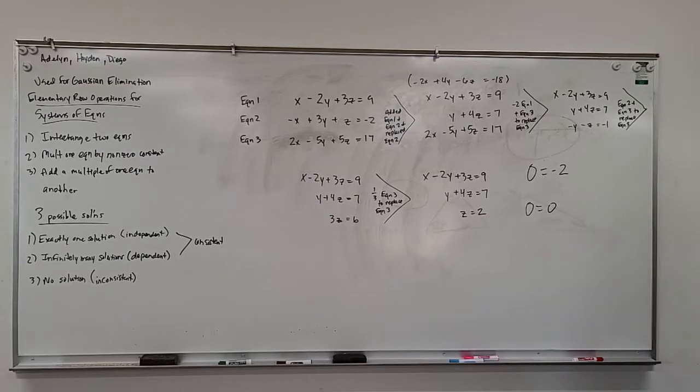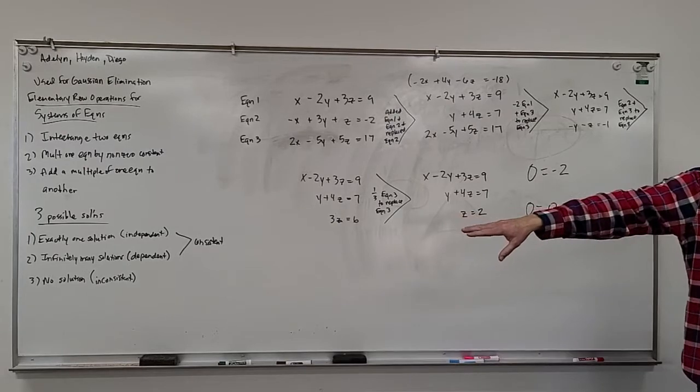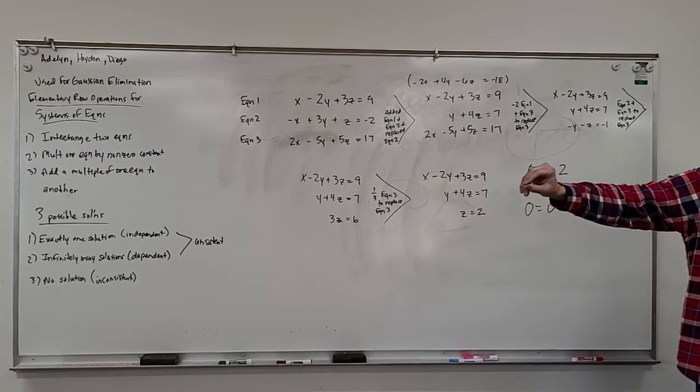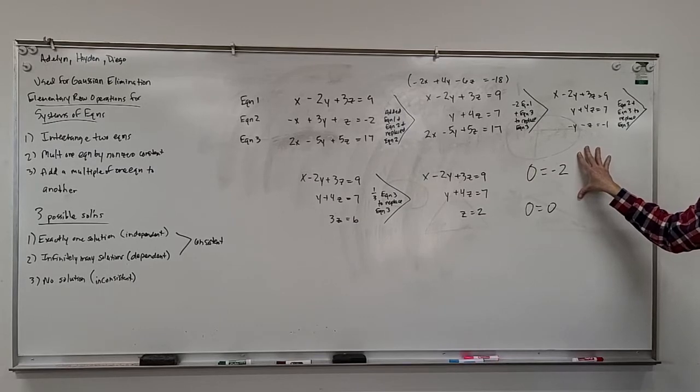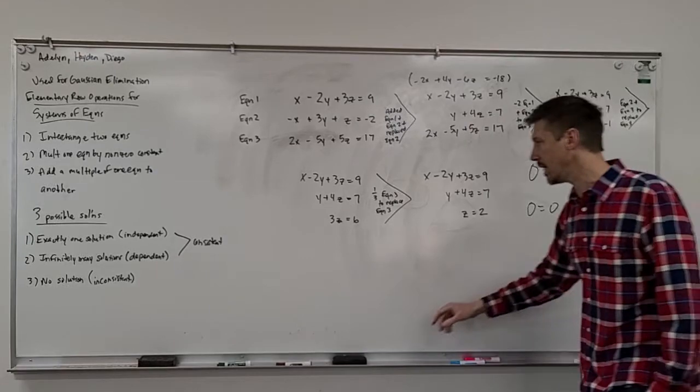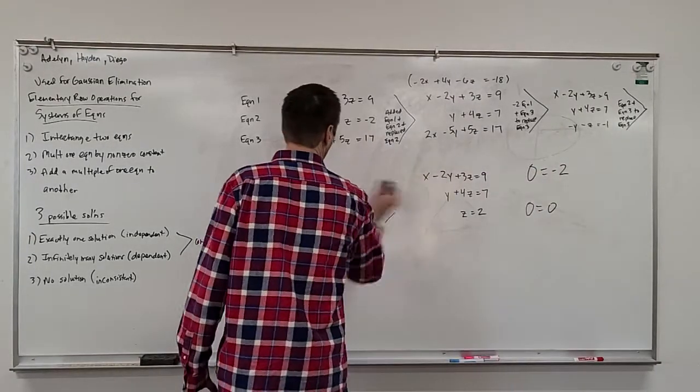And for that scenario, I want to show you your answer is not simply that there are infinitely many solutions. You need to be able to write an ordered triple with a variable in it that tells me what those infinitely many solutions are. Okay, so let's see how you go about doing that.